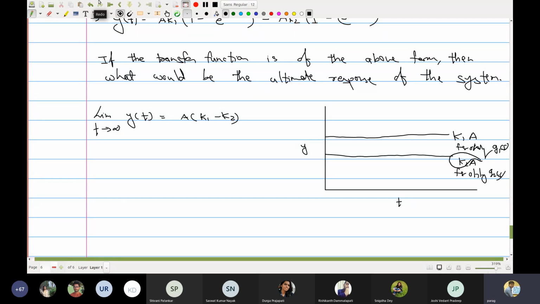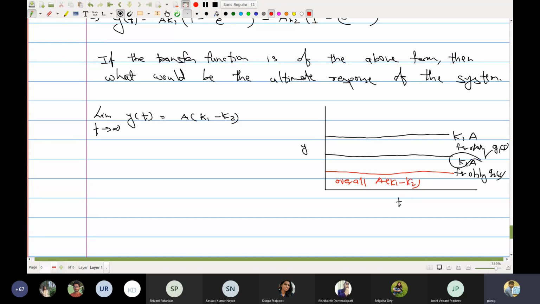So the overall will be A times K1 minus K2, assuming K1 is greater than K2. Okay, so this is going to be your overall response.